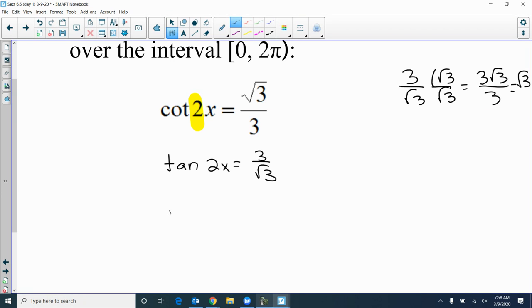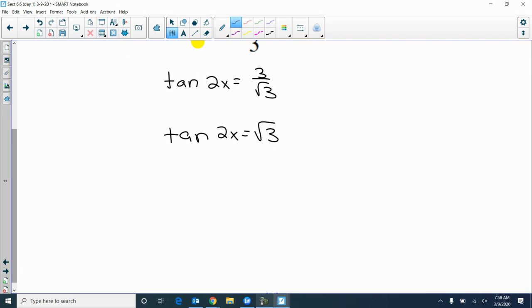So I got tangent of 2x equals square root of 3. All right, now at this point here, let theta equal 2x. Substitute in, so you got tangent of theta equals square root of 3.